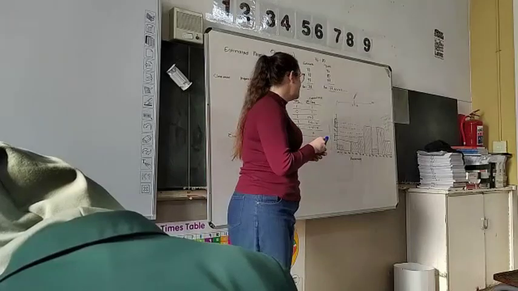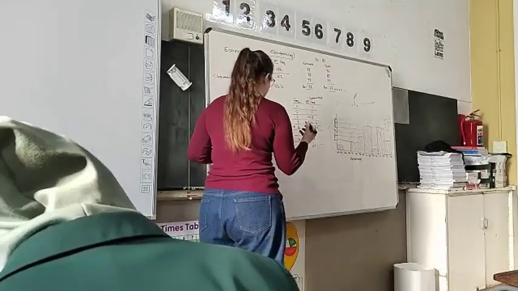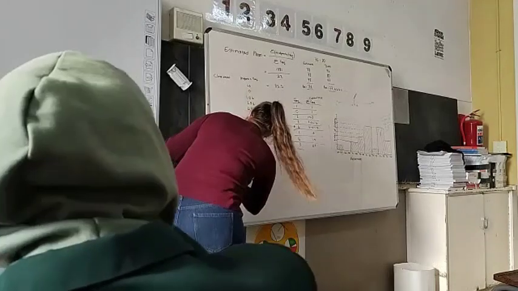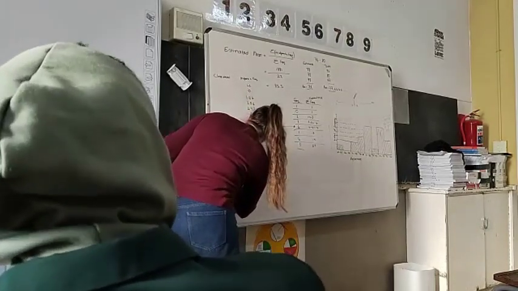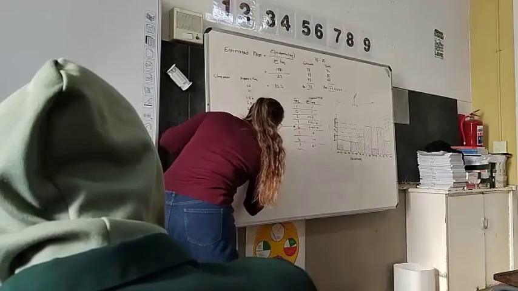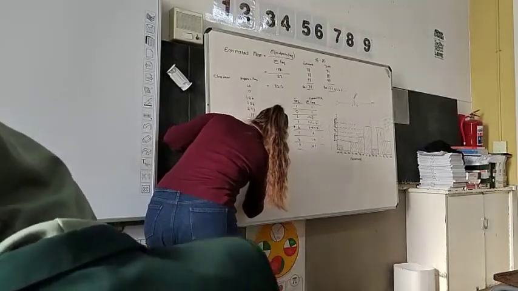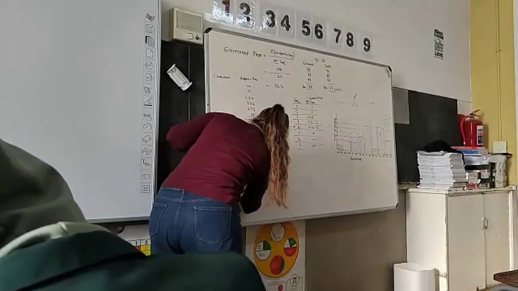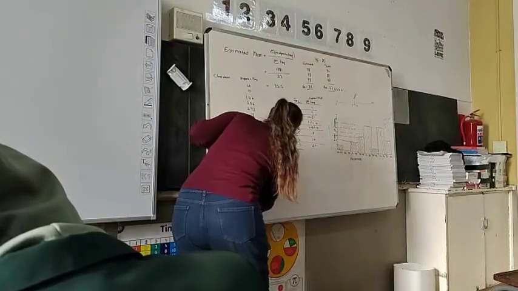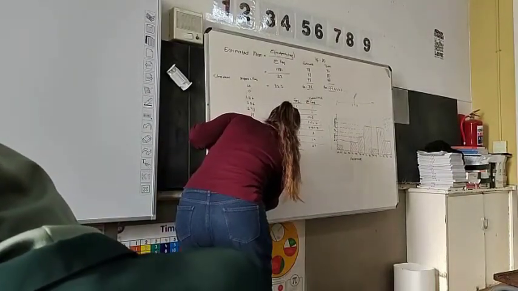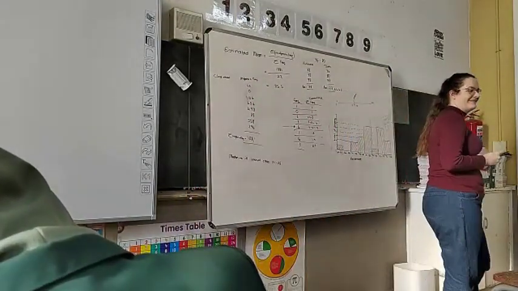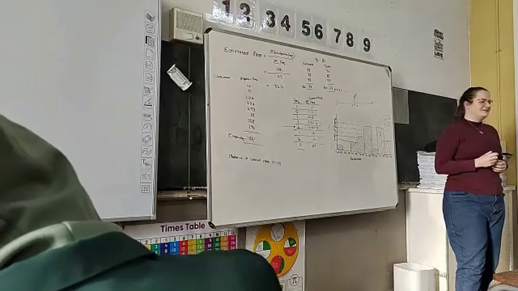That means our median is in interval class. We said 81 to 85, right? Okay. Making sense?